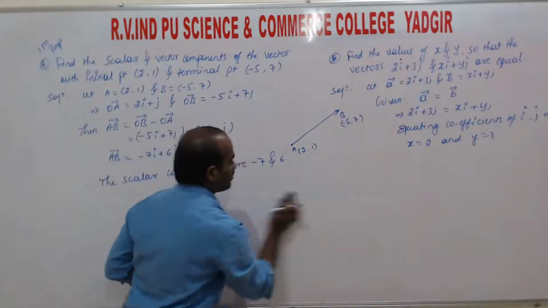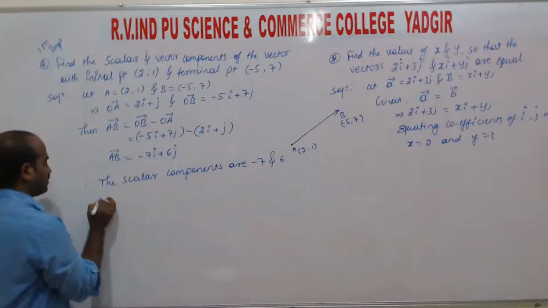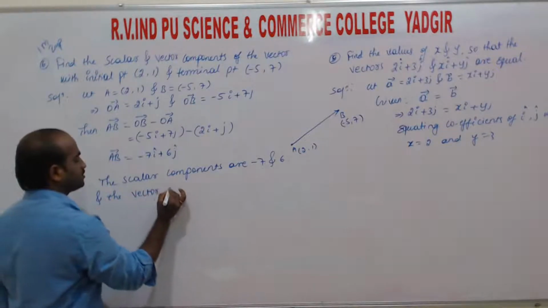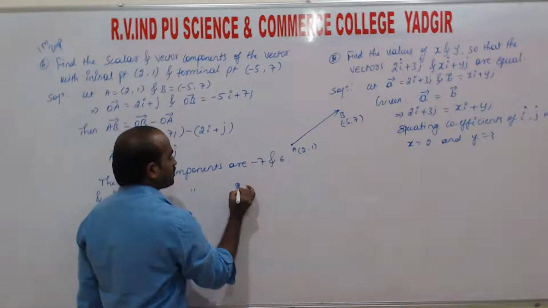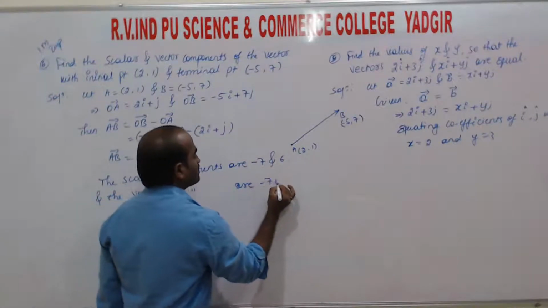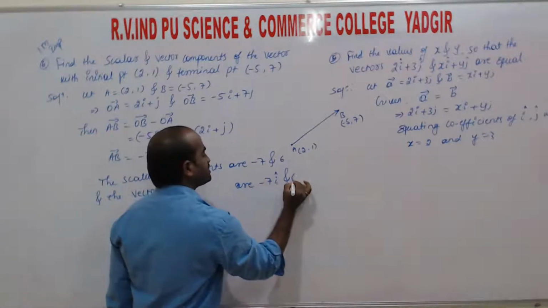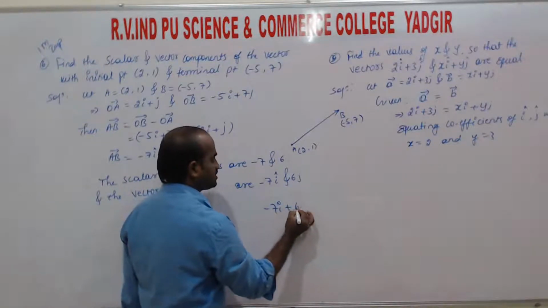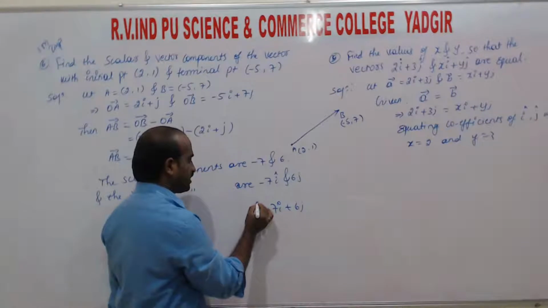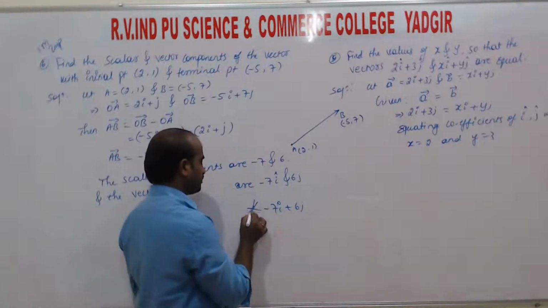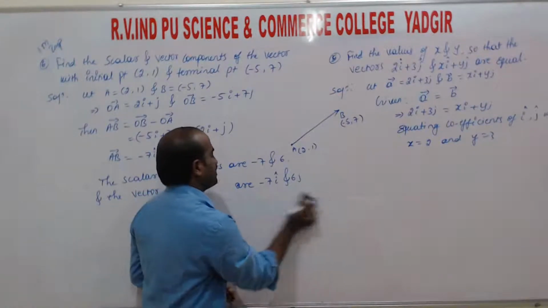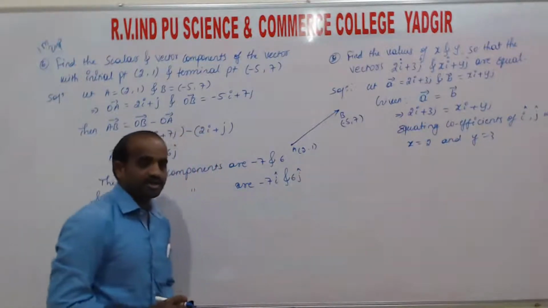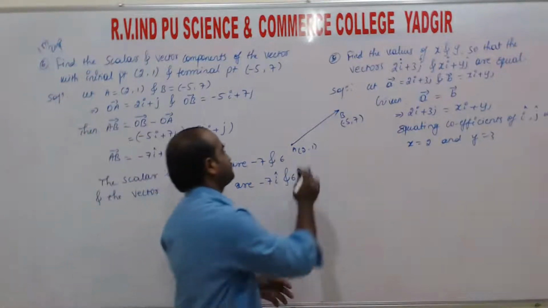And the vector components are minus 7i and 6j. Don't write minus 7i plus 6j. Don't write that. Minus 7i and 6j are the vector components.